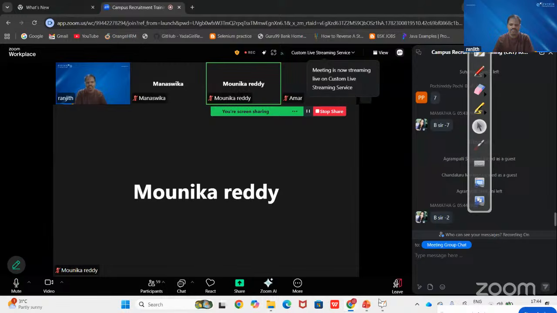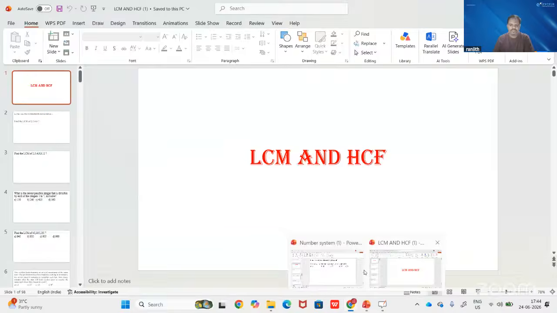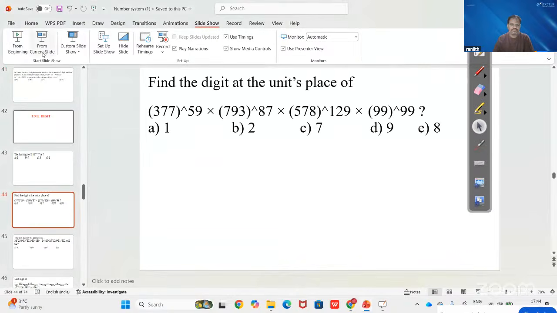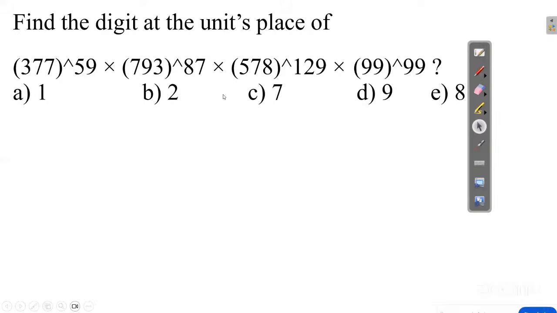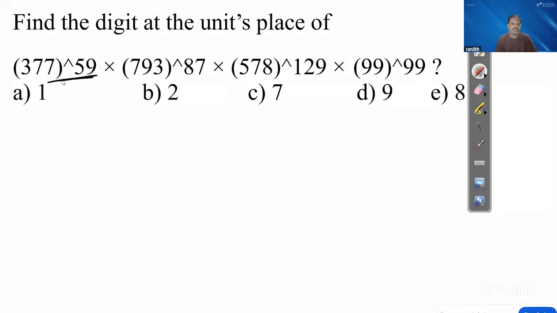Answer is 2. Sir, answer? Yes, yes. 7 power 59. When we divide 59 by 4, the remainder will be equal to 3. If the remainder is 3, 7 cube.